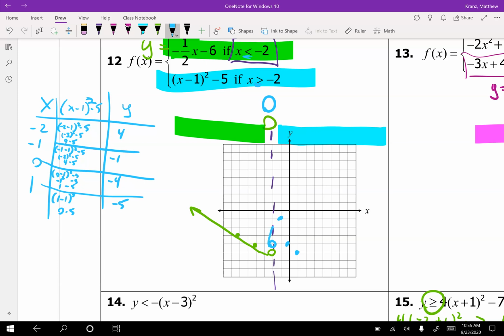So this is kind of the way that, oops. Let me fix that. So it's going to be like kind of going like this.